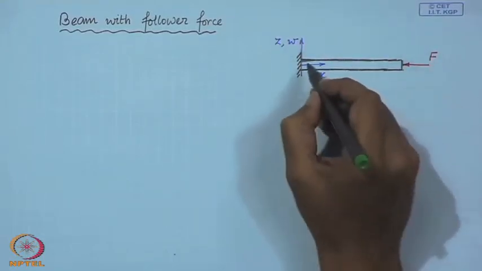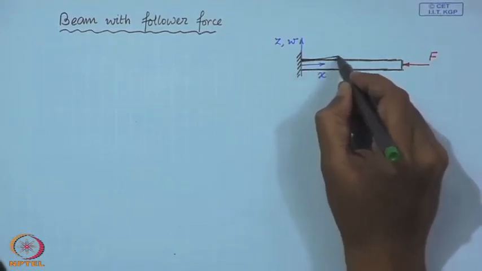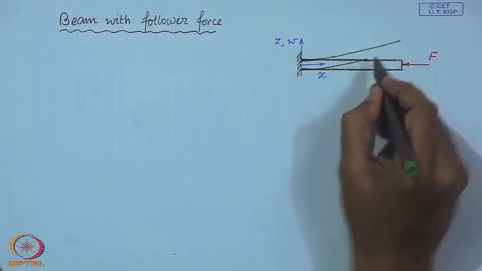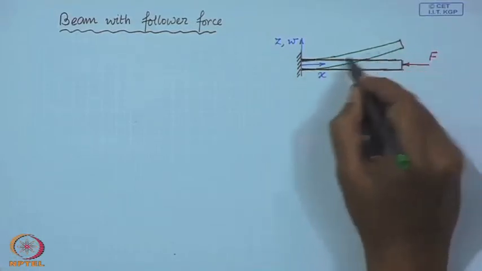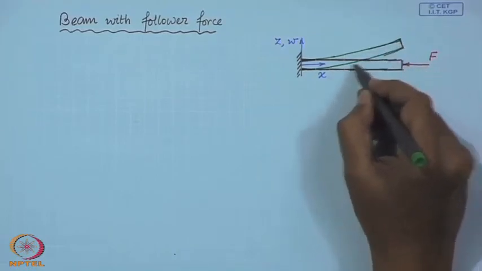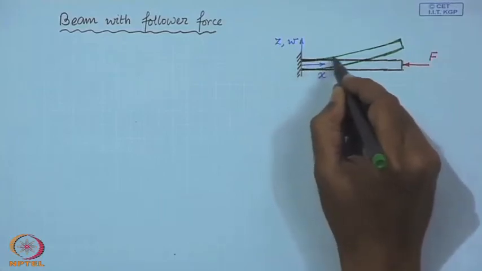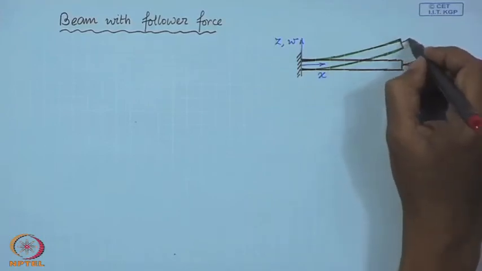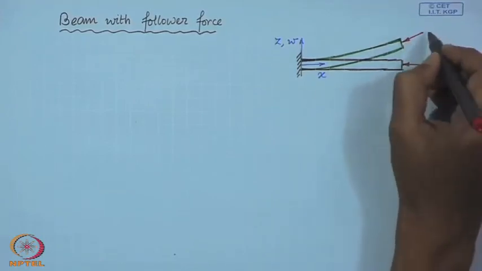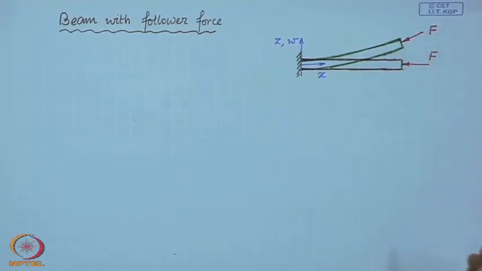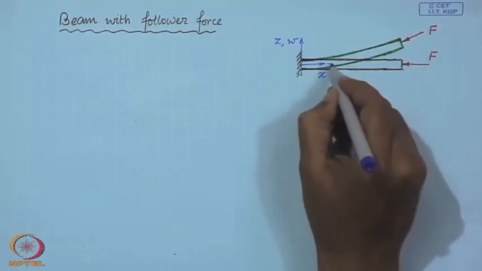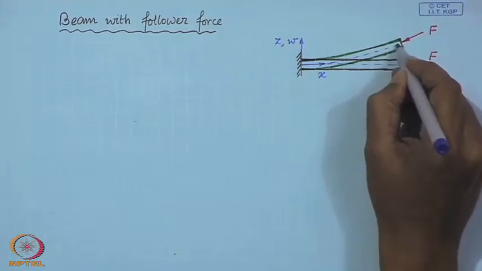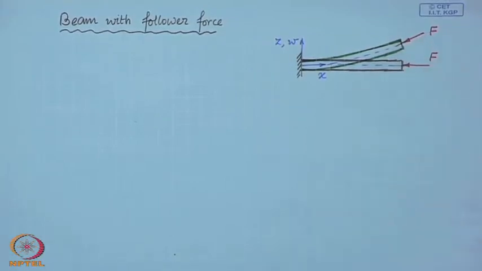But then this force has this property that when the beam deflects, this is an exaggerated figure, the force is going to maintain the same angle as the center line of the beam.